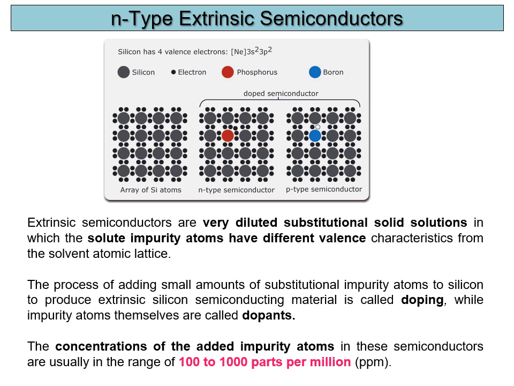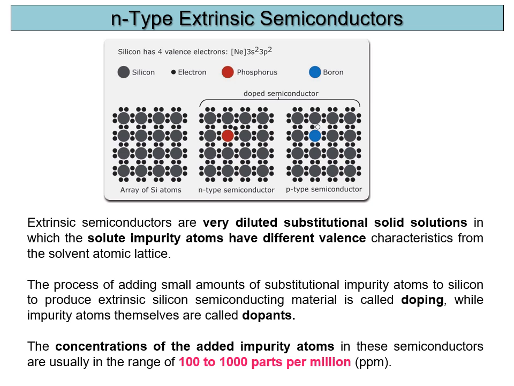The process of adding small amounts of substitutional impurity atoms to silicon to produce extrinsic silicon semiconducting material is called doping, while the impurity atoms themselves are called dopants.